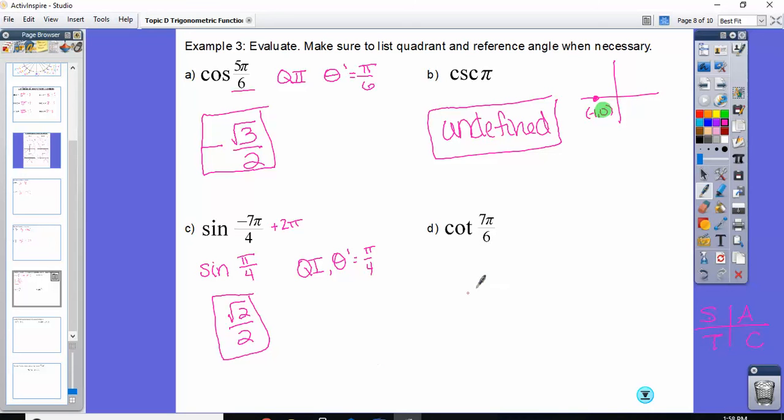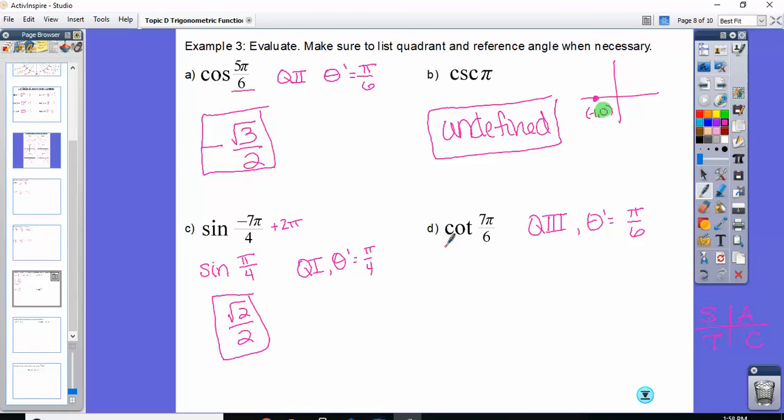And one more. Cotangent of 7 pi over 6. So the numerator is 1 more than the denominator. That's quadrant 3. Reference angle is just pi over 6. In quadrant 3, tangent is positive, which means cotangent is positive.